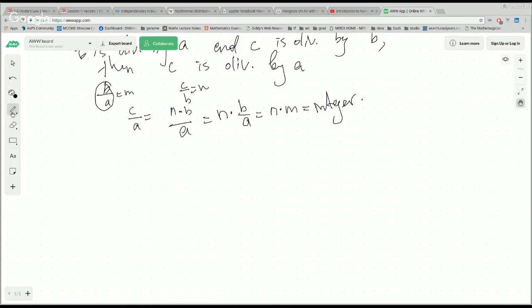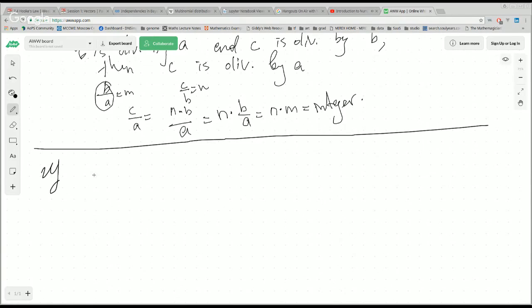And the third statement, which is equivalent to both of those, is that if B is a multiple of A, and let me just write what this means. B is a multiple of A. That means that A times some integer is equal to B, right? A times some integer is equal to B. Well, look, how about this?